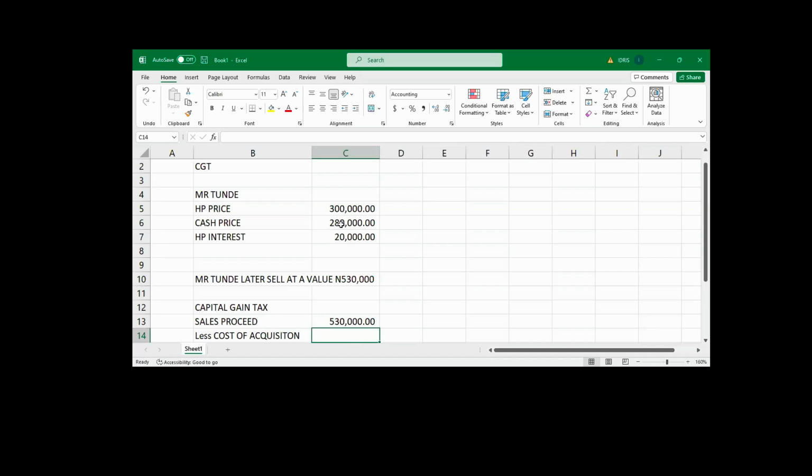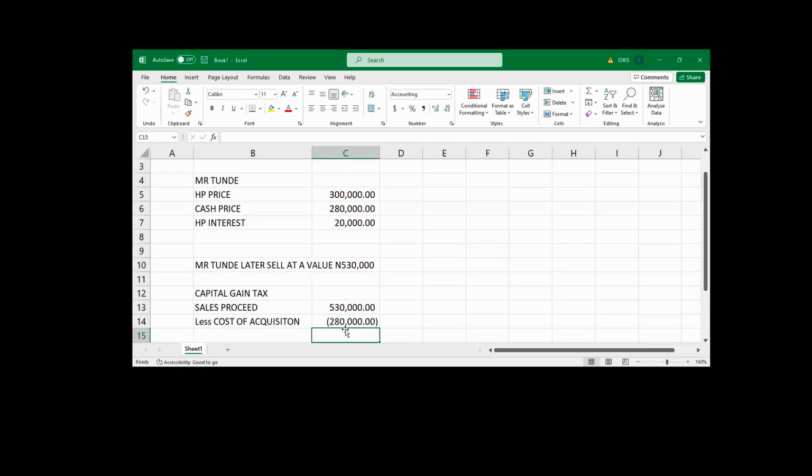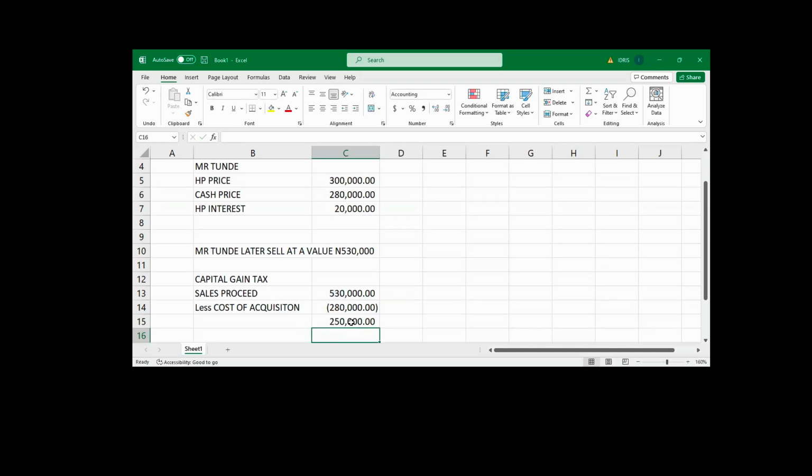The cash price of buying the asset is 280,000. We can only recognize the cash price as the cost of acquisition. We will not recognize the interest. We cannot say 300,000 is the cost of acquisition because that 300,000 includes interest. We can only recognize the cash price.